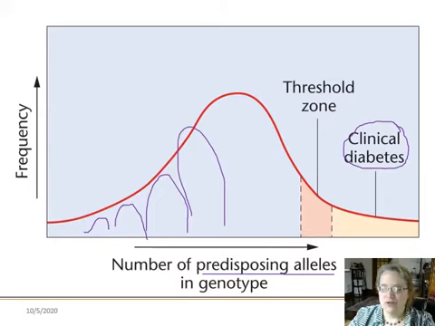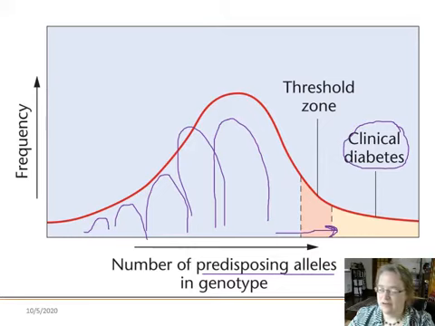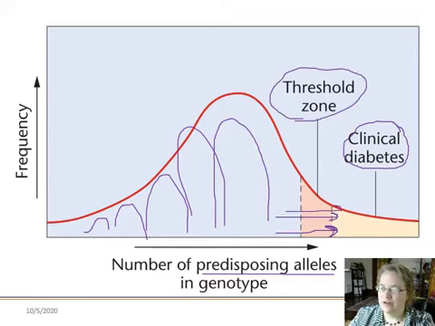The more alleles you have that dispose you to this, the higher your likelihood of getting it, but you're not going to have a problem until you reach this sort of critical threshold here. Okay, so you have to have enough of those alleles that contribute towards a particular trait in order to actually have the trait. So sometimes we talk about a threshold number of alleles here. This threshold zone, once you get up into that zone, you're starting to have a problem.